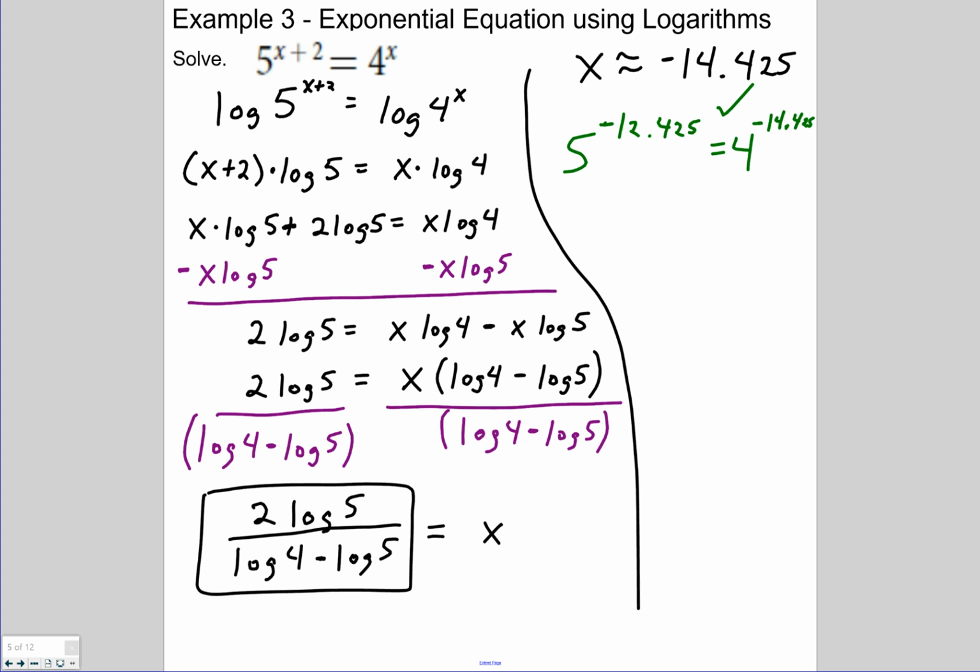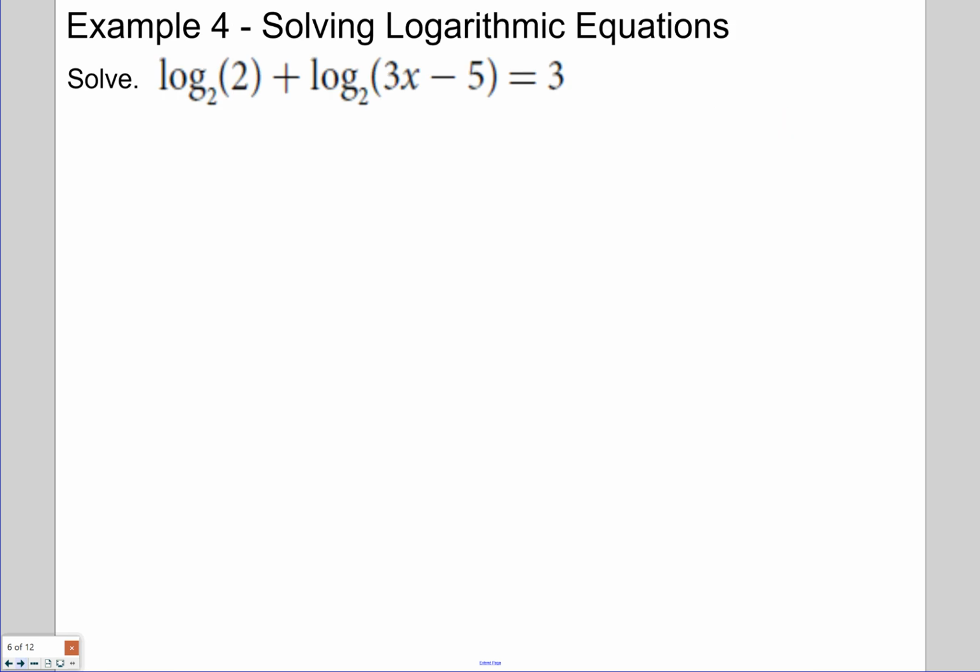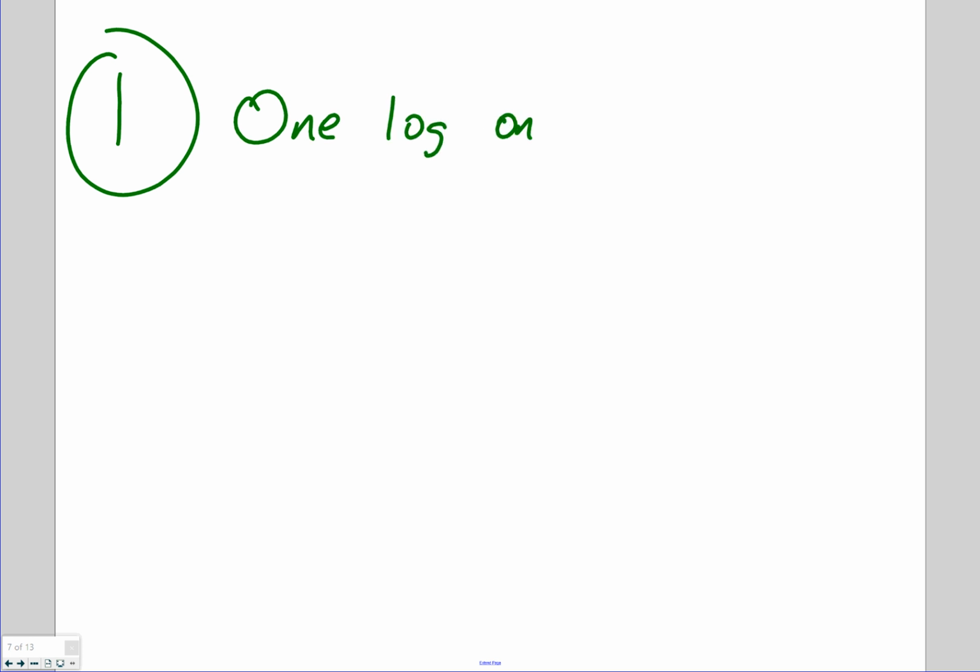All right, let's move to log equations. Now we're going to move to solving logarithmic equations. Find some area above this slide or around this slide. I want you to write down 2 things. Number 1, 1 log on one side. That's goal number 1.